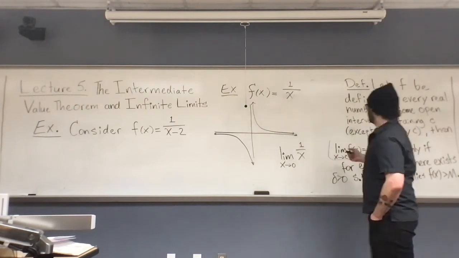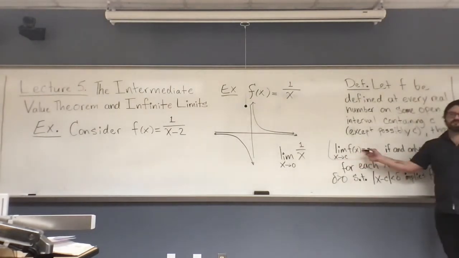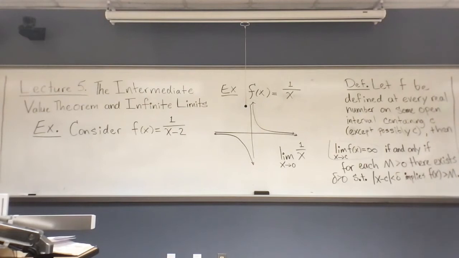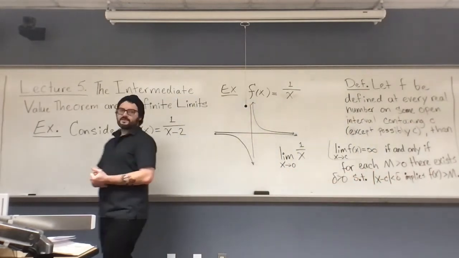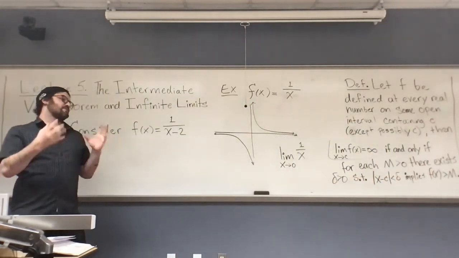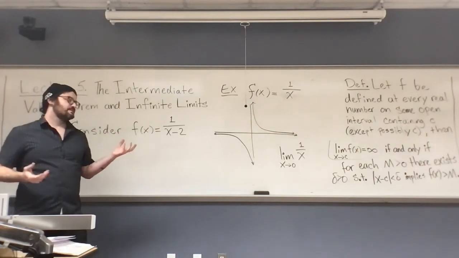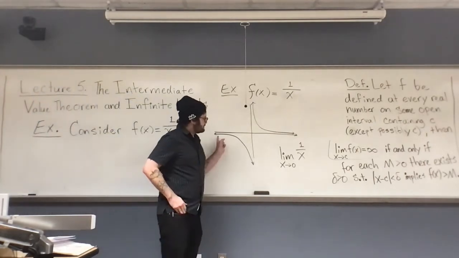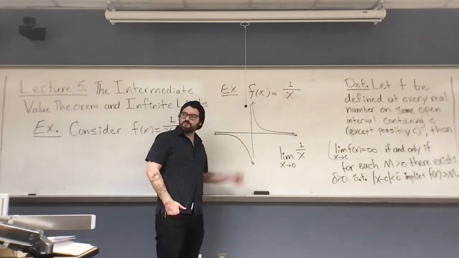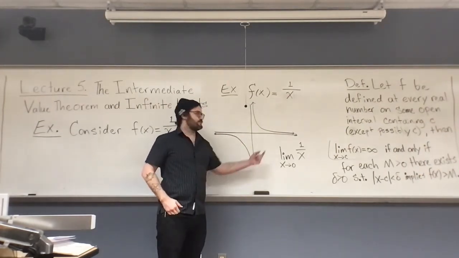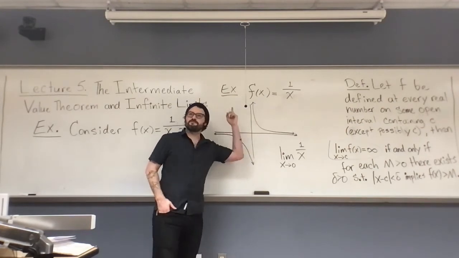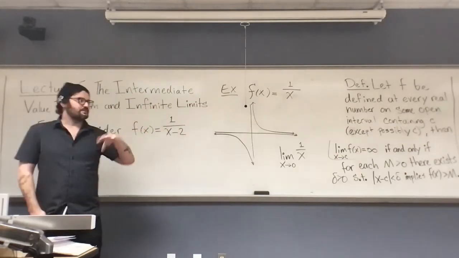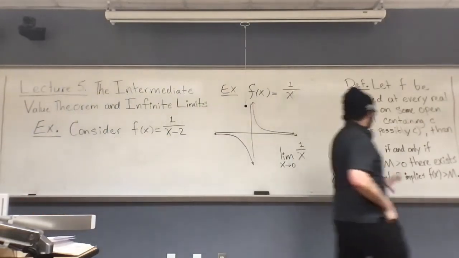Is that unbounded according to this definition? It depends. It depends on the side that you're looking at it, right? Because if we're going to 0 from this side, it's dropping down to negative infinity. If we're coming at 0 from that side, we're going to positive infinity, right? So does that satisfy this definition?